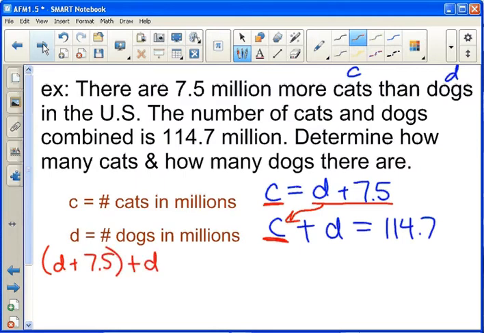So again, I took this second equation right here and I replaced the c with what I knew c was equal to, and that is d plus 7.5, and I have it right here. So then I can combine my like terms. D plus d is 2d.